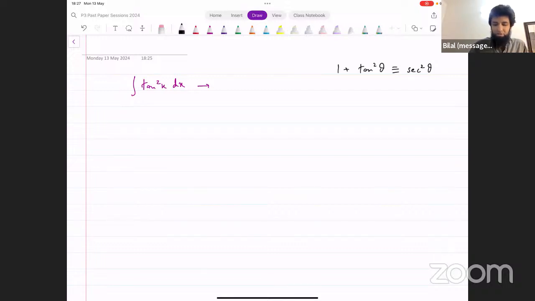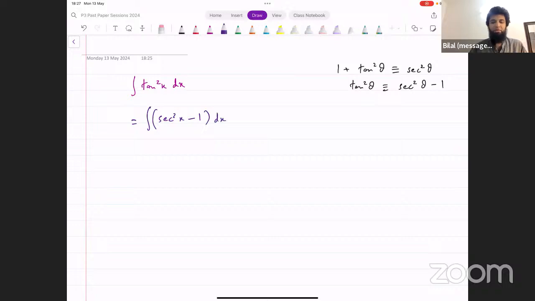So what that means is tan square theta can be written as secant square theta minus 1. Okay. So that means we can write this as the integral of secant square x minus 1 with respect to x.